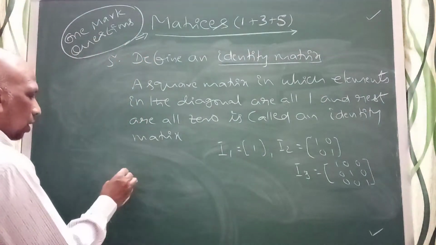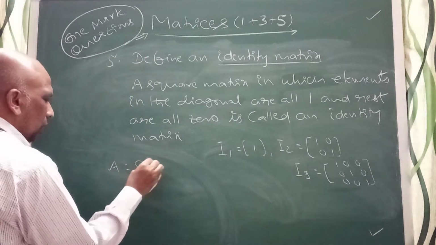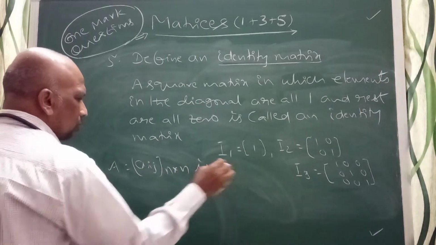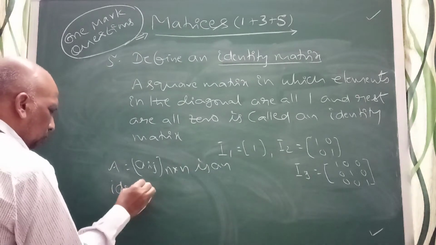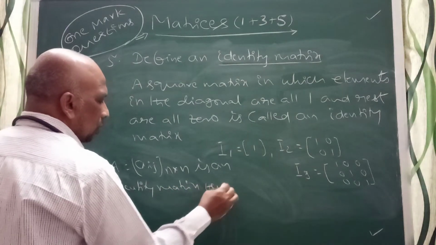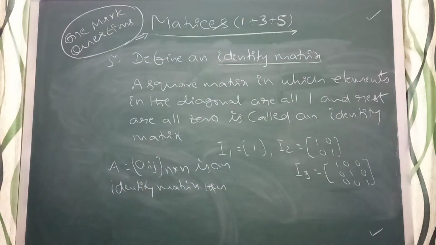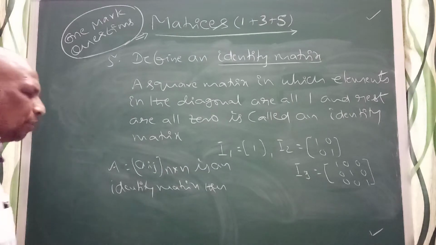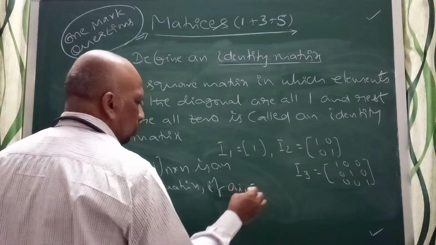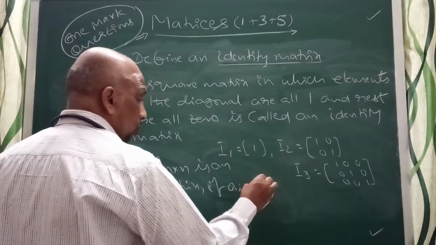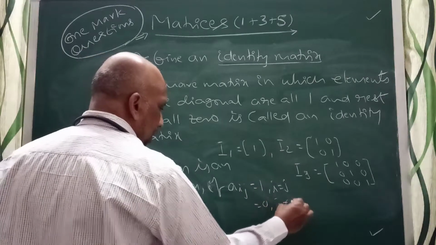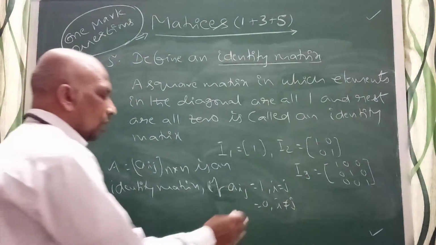I can also say, suppose A equals aij, n by n, is an identity matrix. Then we can express it as aij equal to 1 when i equals j, and 0 when i is not equal to j.